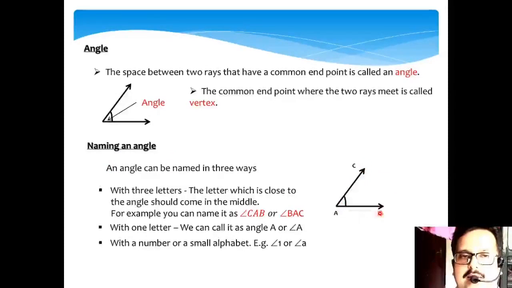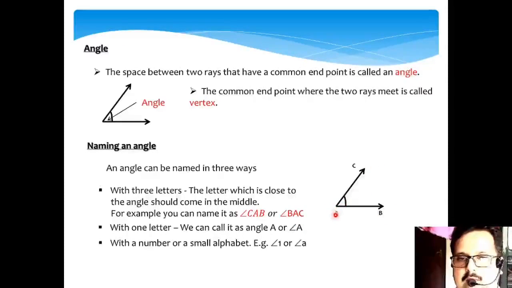You can use three letters to name it, but one thing you should take care of is that the letter which comes very close to the space should have the middle place here. Okay, like this. You can name it CAB or angle BAC.